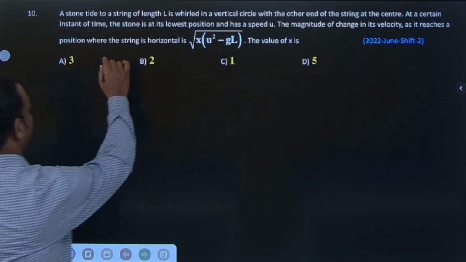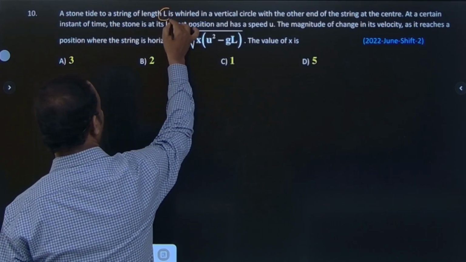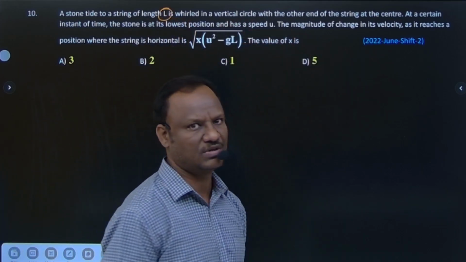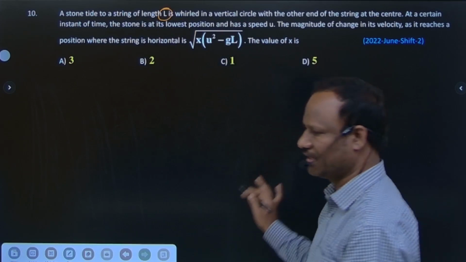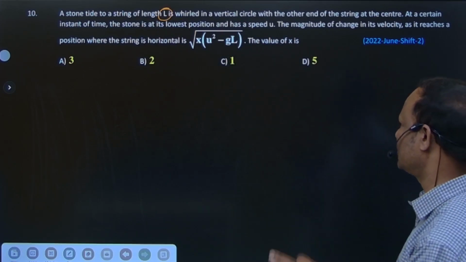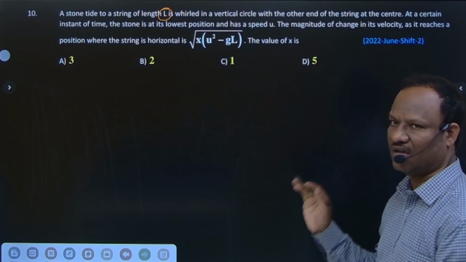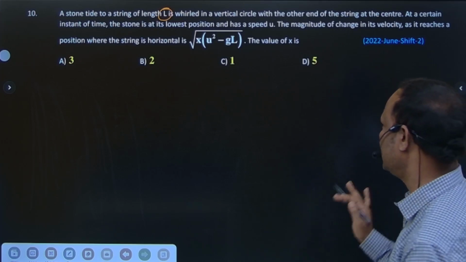A stone tied to a string of length L is whirled in a vertical circle. The concept is based on vertical circular motion. Be careful here: when you speak about vertical circular motion, we should be aware of how to use the law of conservation of mechanical energy.